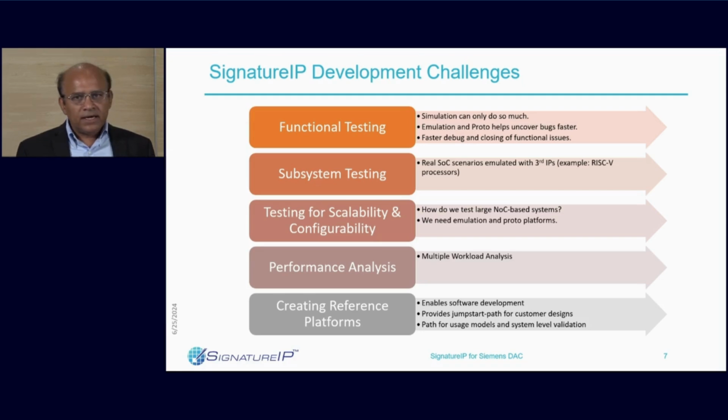So our thinking is using a Signature IP inoculator.ai platform combined with a Siemens platform, so the HAV platform. How can we combine to make sure that we have an integrated compelling platform to design a silicon, which will have a big time to market advantage.